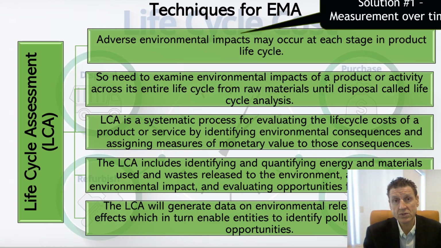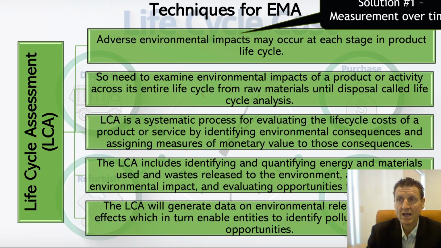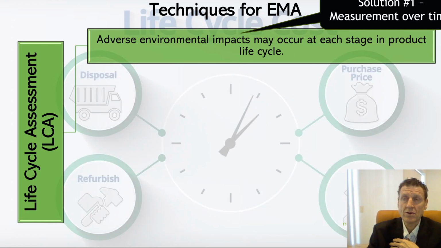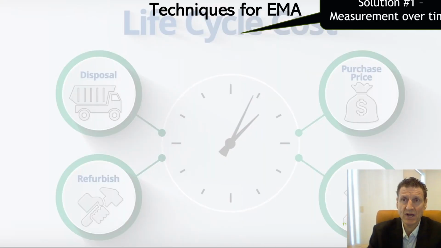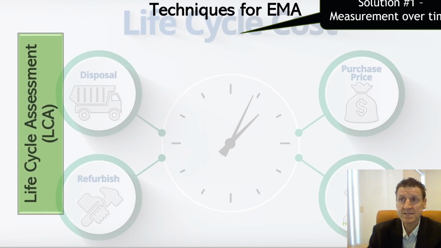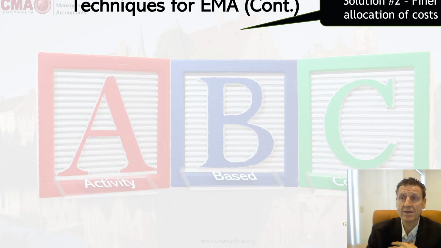Okay, cradle to grave. Wow. All right. So solution 2, we could have a finer allocation of costs. So solution 1 was measurement. Solution 1 was a broader scope of measurement and measurement over time. Okay. Solution 2 is more associated with having a better allocation of costs.